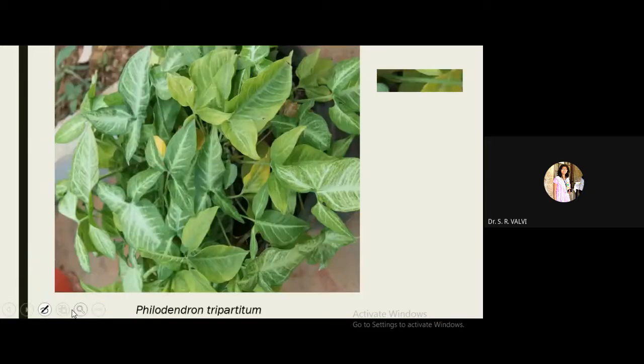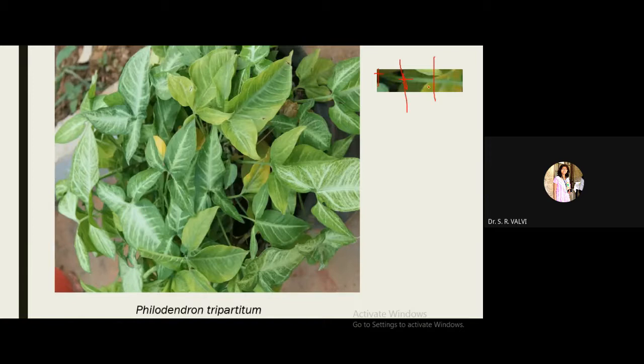So see here, this is the Philodendron tripartitum. I have taken the petiole of this philodendron leaf and cut it into three parts. Then I cut the petiole in a plus manner, crosswise, at both ends.